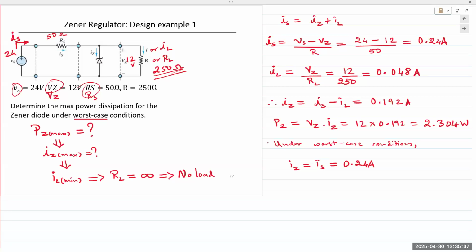Now if we find the power rating for this, that should give us the maximum power dissipation. 0.24 times 12 gives us 2.88 watts. So the maximum power dissipation in the Zener diode is 2.88 watts when no load is connected.